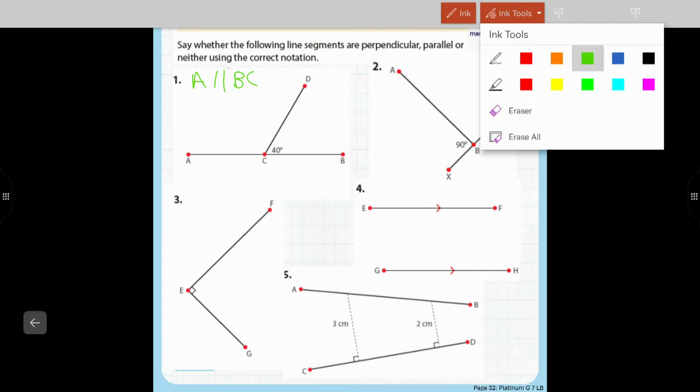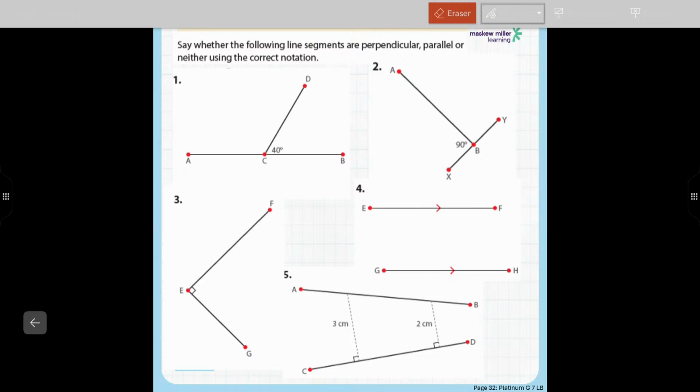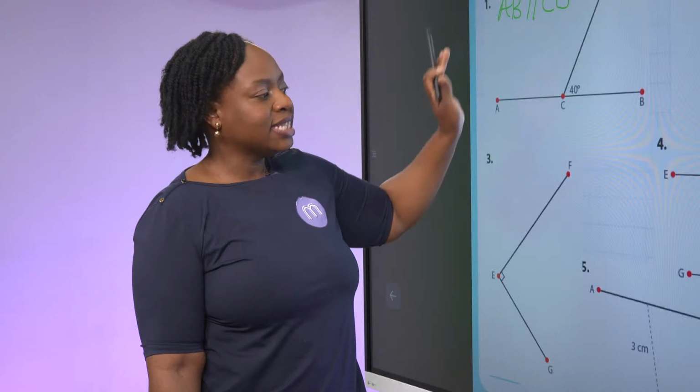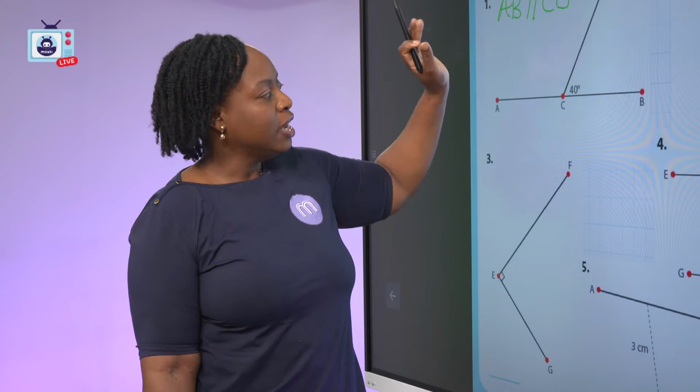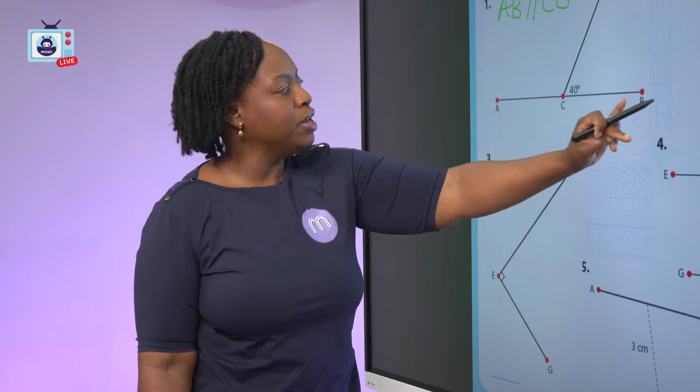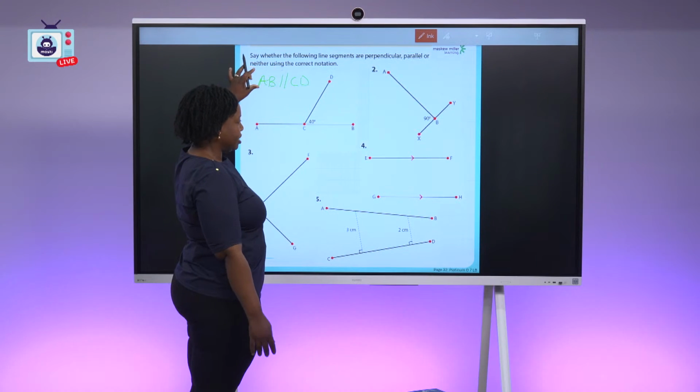Let me write it properly. Okay, if AB is parallel to CD, for example, this is the notation we use for parallel lines. So that's how you're going to write them, right? If you are saying that AB is parallel to CD, then you're going to do that for number one.